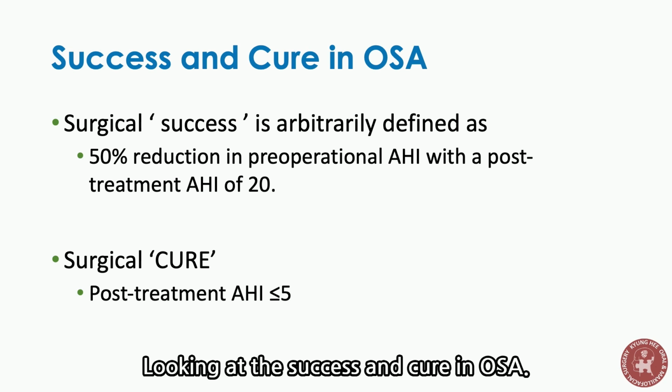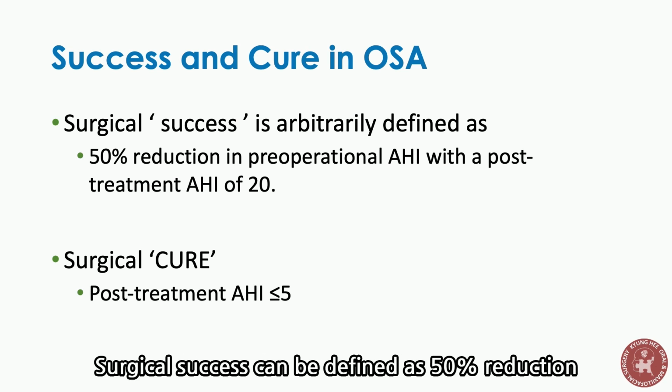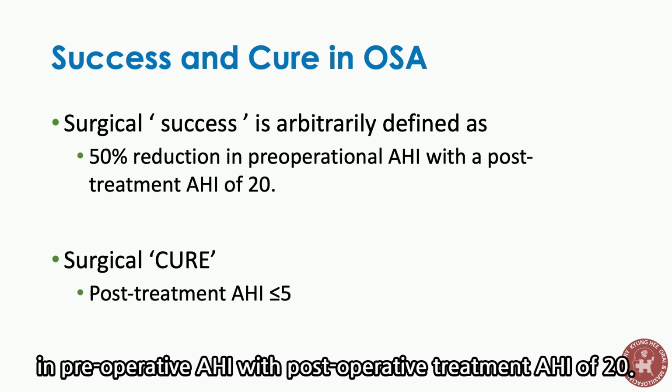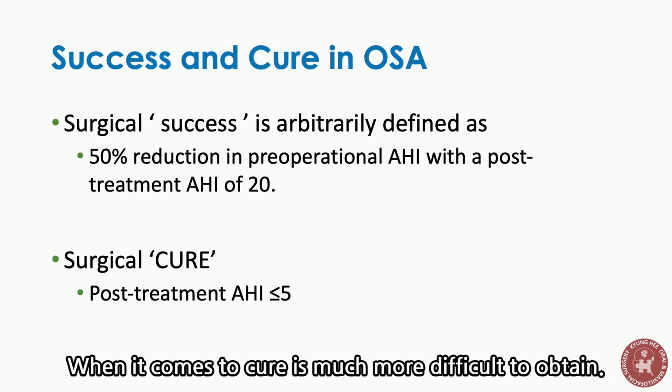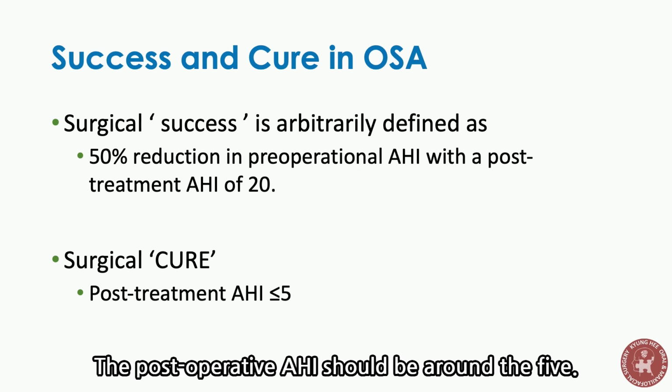Looking at the success and cure in OSA, surgical success can be defined as a 50% reduction in preoperative AHI with a postoperative AHI of under 20. When it comes to cure, it's much more difficult to attain. The postoperative AHI should be around 5.